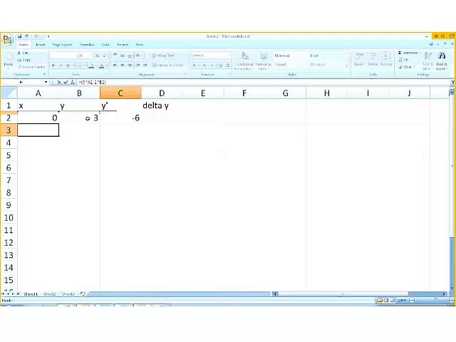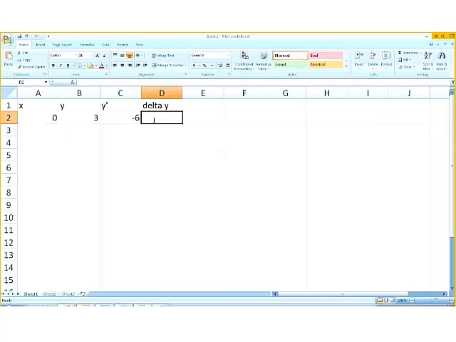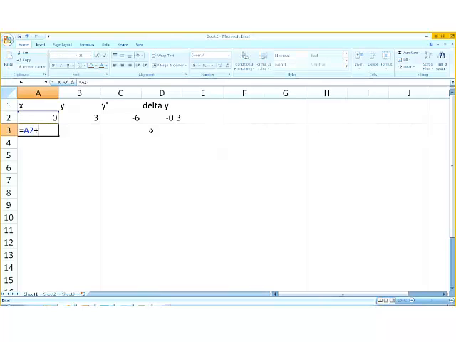We actually didn't need the parentheses. So again, we get Y prime is equal to -6, which agrees with our table. And delta Y is just equal to Y prime times delta X, which in this case is 0.05. So that's our delta Y. So our new value of X is equal to our old value of X plus delta X, which is 0.05.